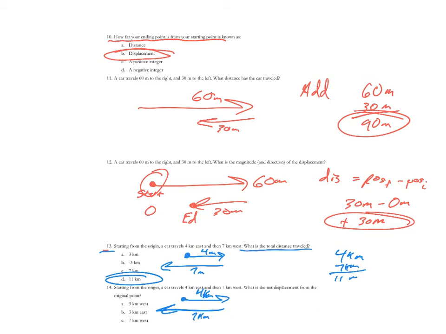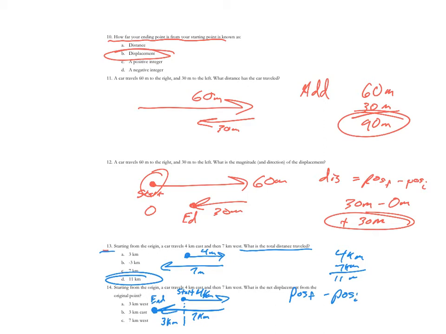What is the net displacement? Well, if you think about it, this is 3 kilometers, and that's my ending point, and this is my start. So it's final minus initial.